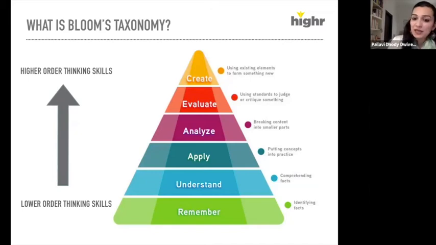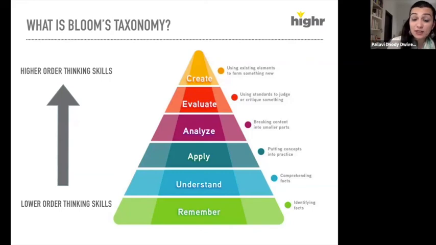And then they'd be able to create something new using all of these new skills and all of this new knowledge that they've been able to acquire. So the taxonomy is just a structuring of how students are able to acquire knowledge and how they move up from lower order thinking skills to higher order thinking skills.